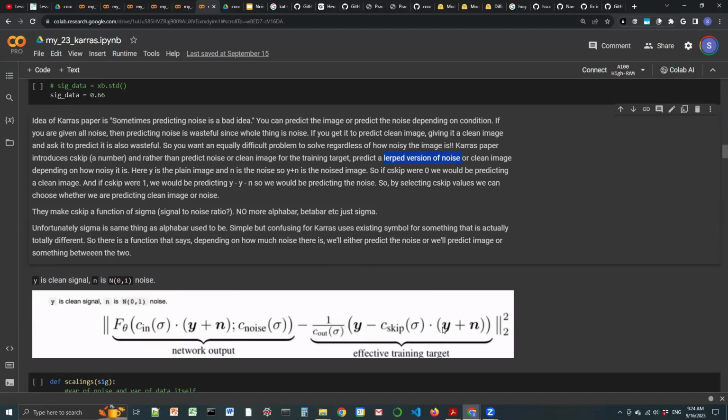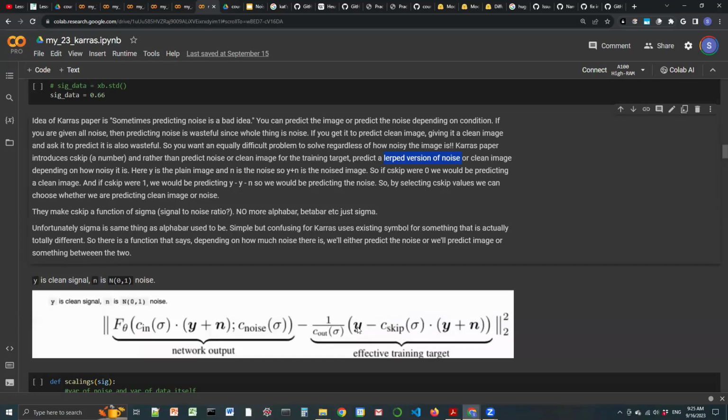So Y plus N is the noised image. Now we have added this skip value, C skip, which is just a number. We'll learn a little later how we choose this value. But let's focus on C skip and Y plus N.